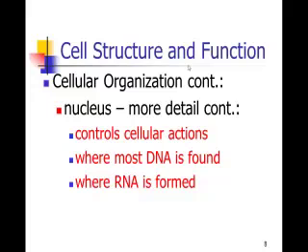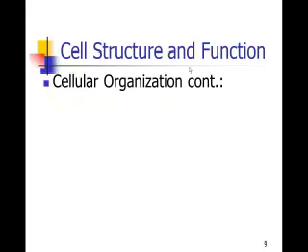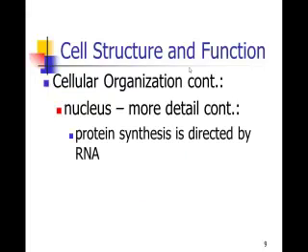It is where RNA is formed. And RNA and DNA were both talked about when we did the chemical lecture, which was topic 2. RNA is sort of a photocopy of sections of the DNA. Protein synthesis is going to be directed by RNA.